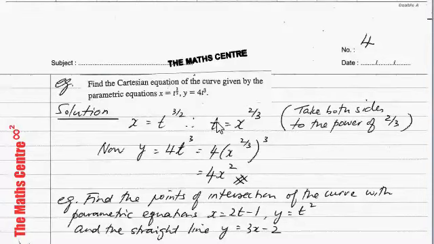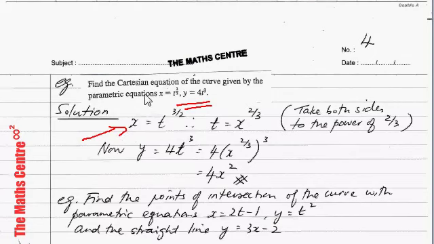Next example, we are asked to find the Cartesian equation of the curve given by the parametric equations x equals t to the power of 3 over 2, that's what we have here, and y equals 4t cubed. So we are given the parametric equations and we have to find the Cartesian equation.